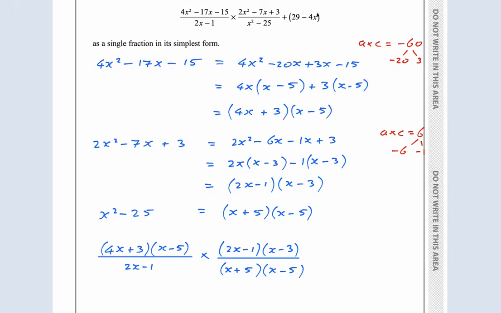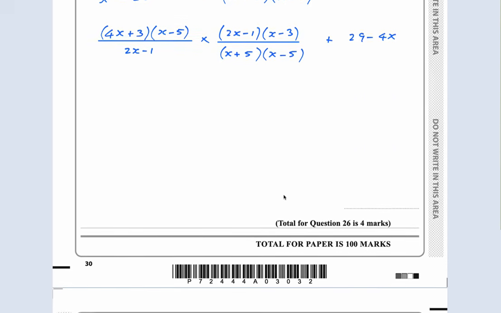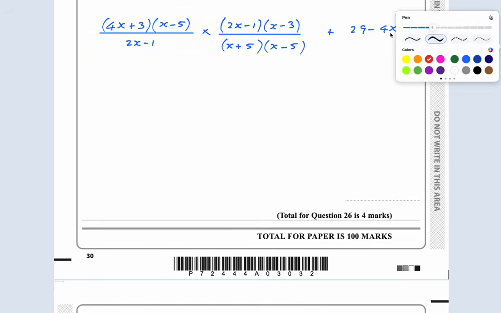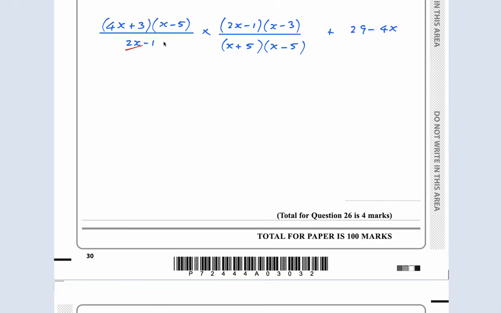Now there is this annoying thing at the end, so let's just add it at the end. It's 29 minus 4x. Okay, now at this point I'm going to move down. Some things cancel. The 2x minus 1 cancels with the 2x minus 1, and the x minus 5 cancels with the x minus 5. So here we have 4x plus 3 multiplied, because we're multiplying across, by x minus 3, and at the bottom I have x plus 5.